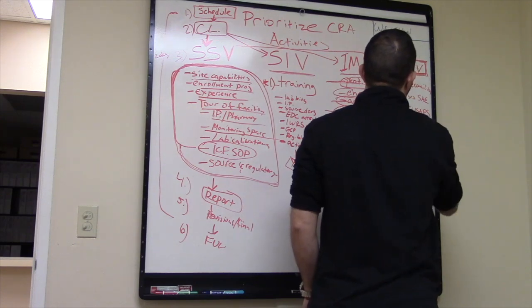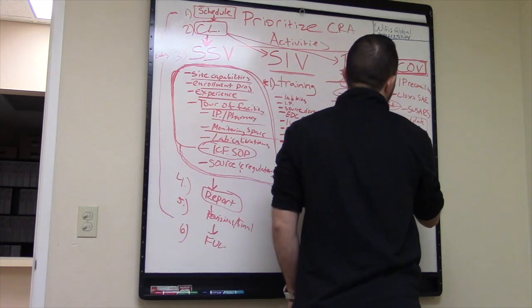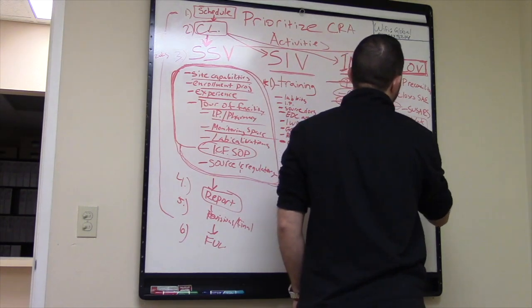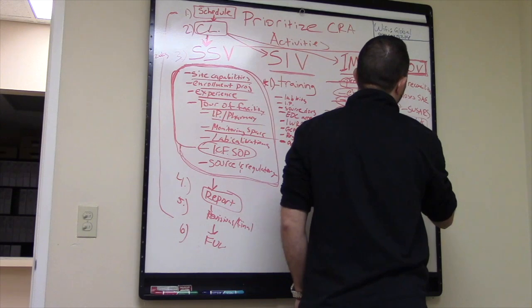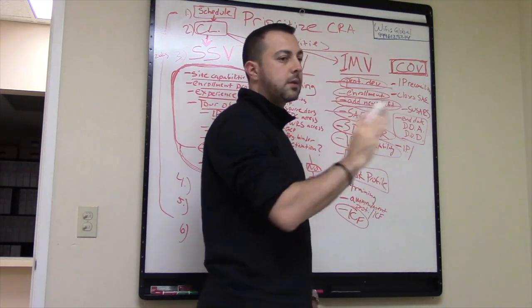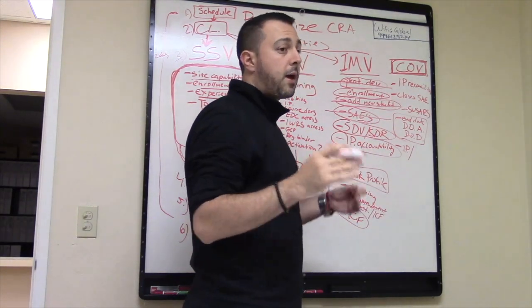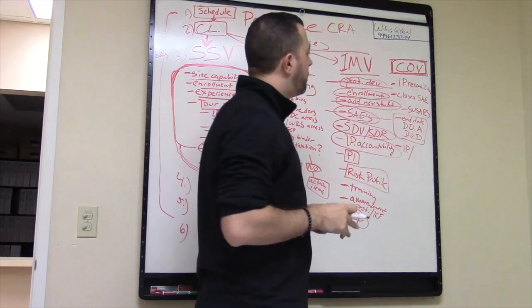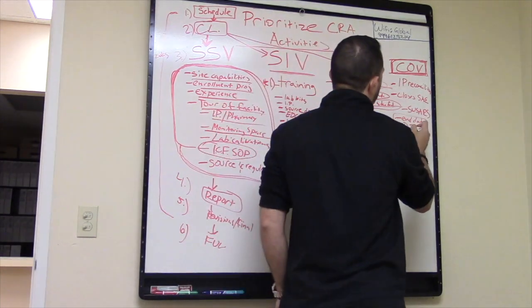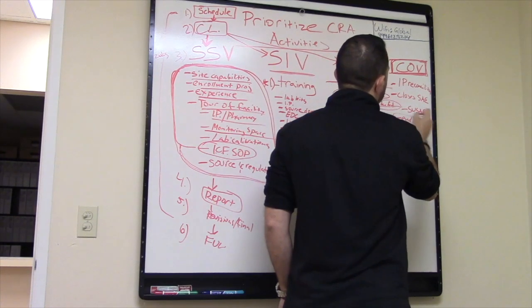Same thing. End dates. You are seeing if the site will destroy the IP or if the sponsor wants it back. Okay. Depends. Some sponsors want the sites to destroy the IP. Other sponsors want it back. You may have to ship them back. Delegation log for duties, and what was the first one again? Delegation of authorities log or delegation of duties. It's the same thing. They're just synonyms.